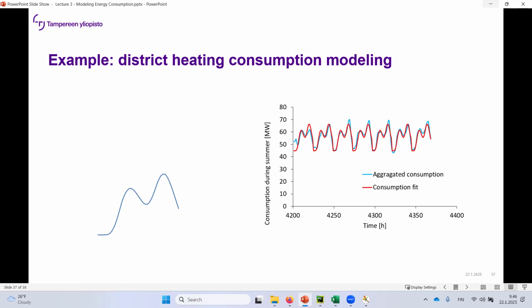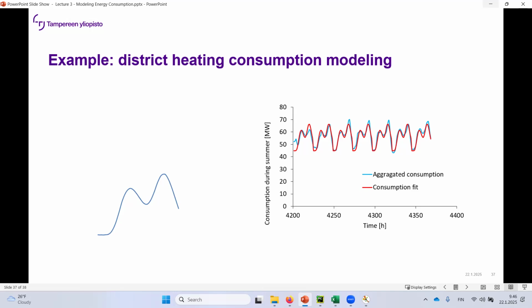So on top of that, I use this kind of a parabolic curve function to account that during the winter time there might be a bit more of this heat consumption, or rather hot water consumption. But basically, this is just regression.